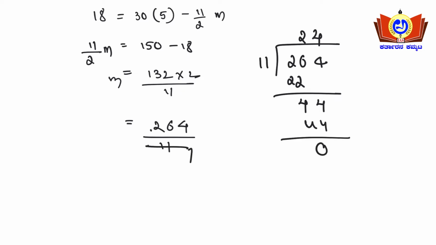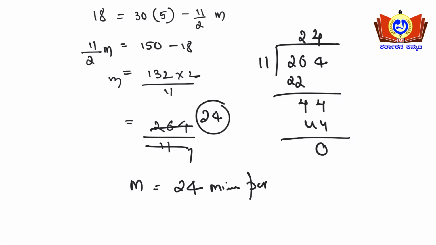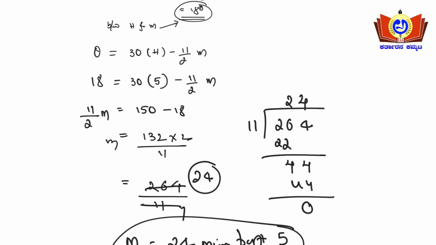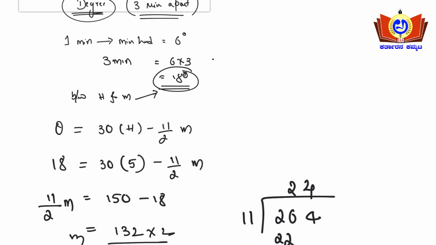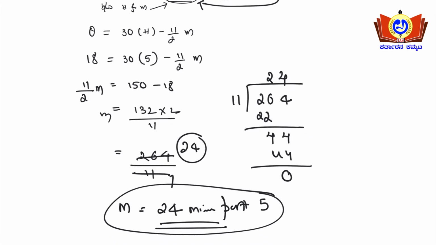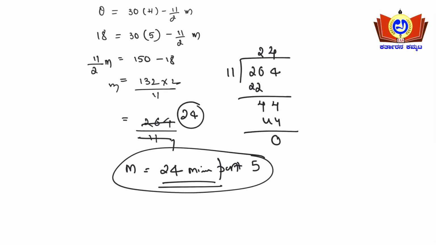So 11 1 times and 11 24 times, so that is nothing but m is equal to 24 minutes past 5 is the answer. Okay, so what is the answer here? 24 minutes past 5 is the answer here. Okay, simple guys. So moving on to the next question.